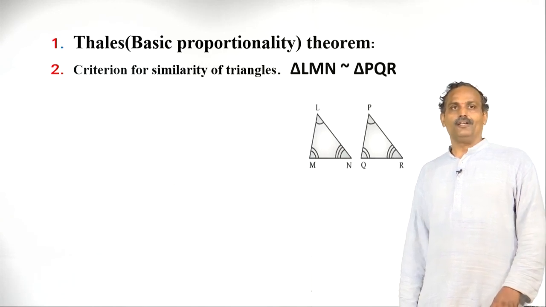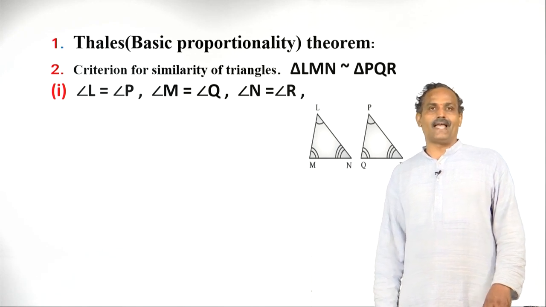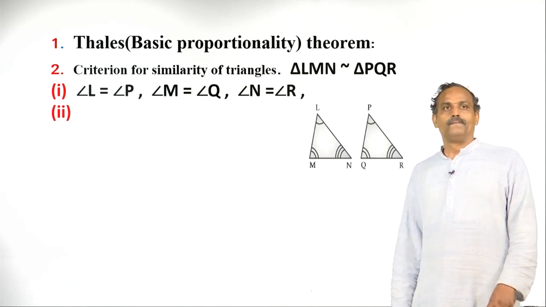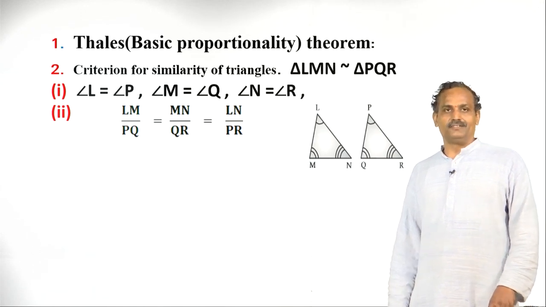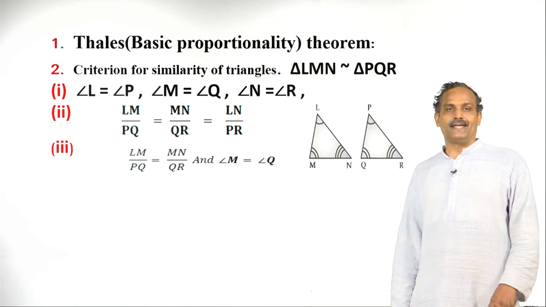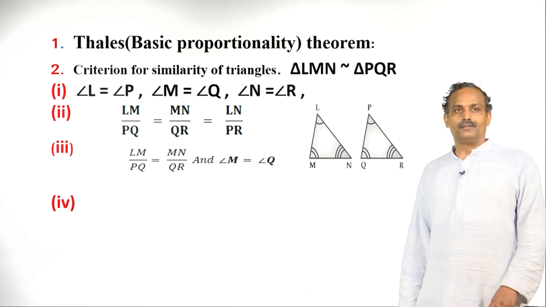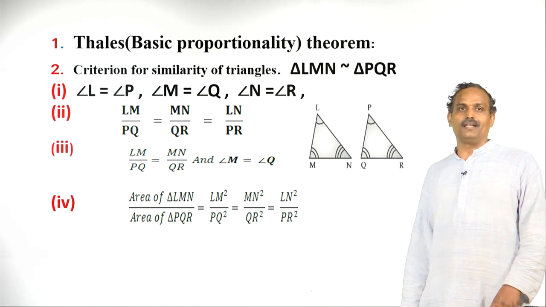And the criteria are, first of all, the corresponding angles criterion, secondly, proportion of corresponding sides, and proportion of any two corresponding sides and the angle in between them. The fourth criterion is the areas of similar triangles.